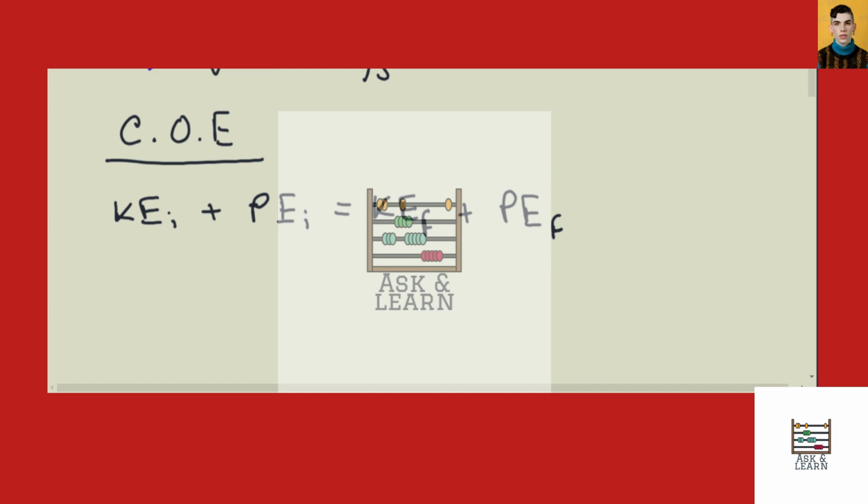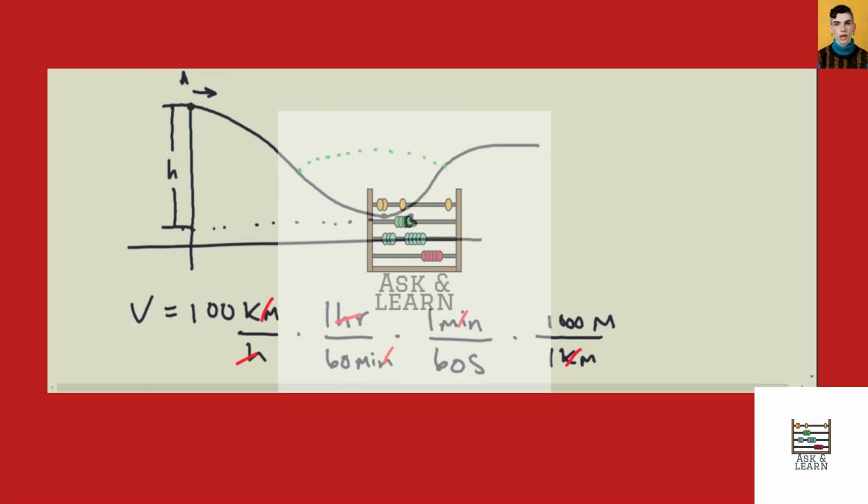And since the car is at rest at point A, that means it has zero velocity, so its initial kinetic energy is 0. And when it reaches the bottom at point B, that means its height, looking back at the picture, is 0.